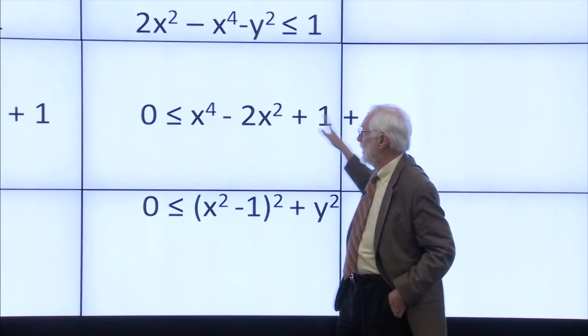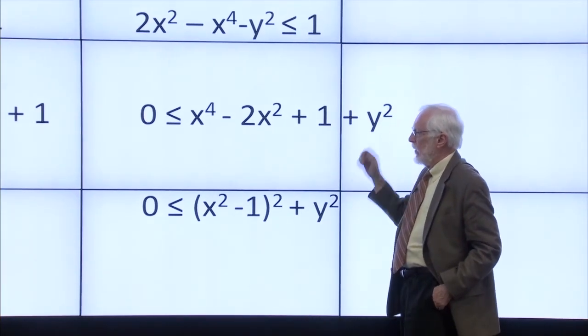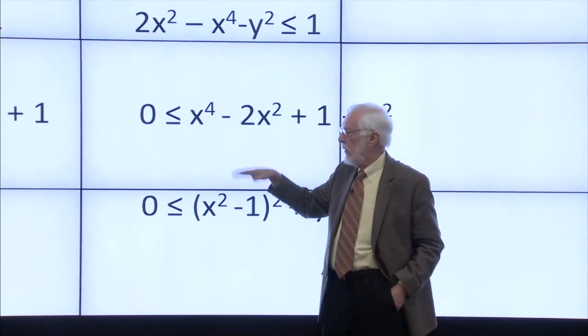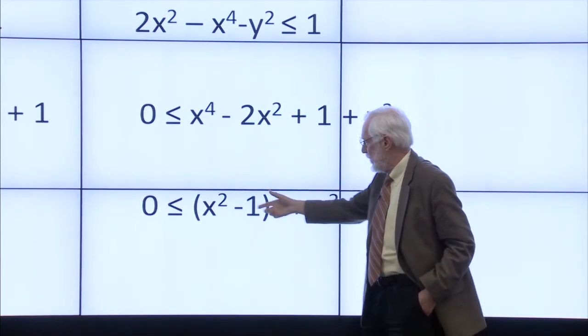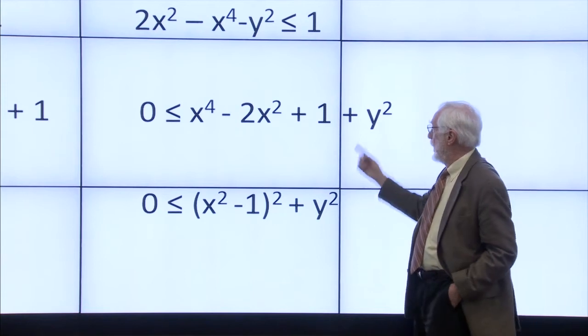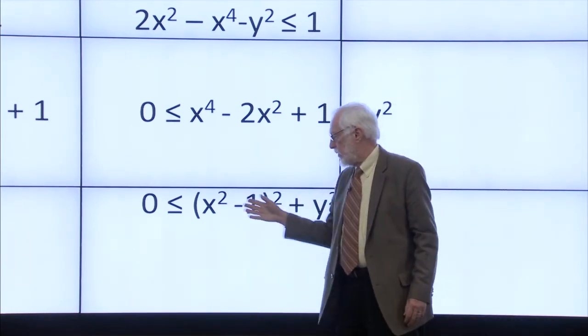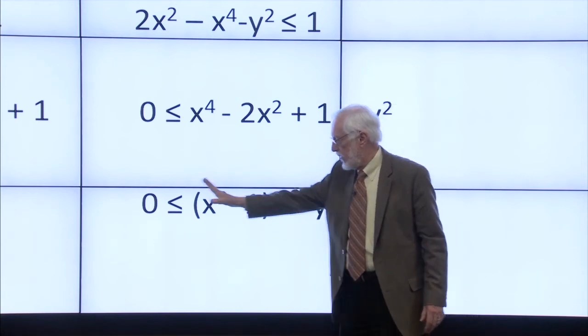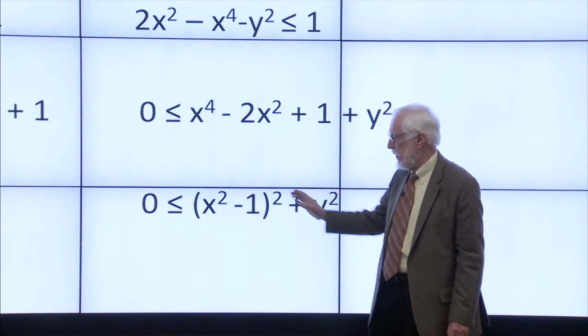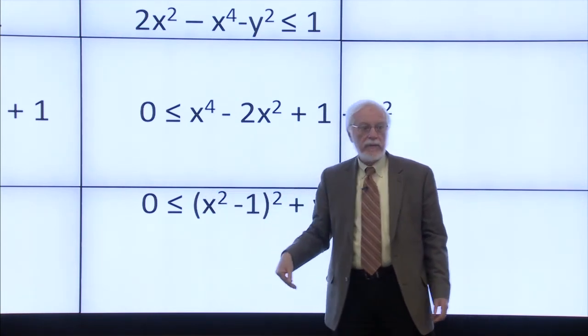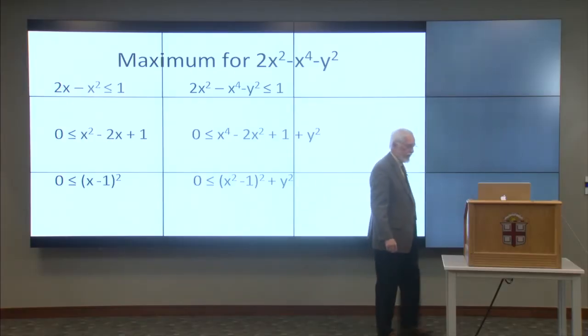And by putting everything on the right-hand side, we see we have two separate things to deal with, a function of x, which we already know how to factor, and we still have plus y squared. But because x squared minus 1 squared is greater than or equal to 0, and y squared is greater than or equal to 0, the sum of them certainly is also greater than or equal to 0.